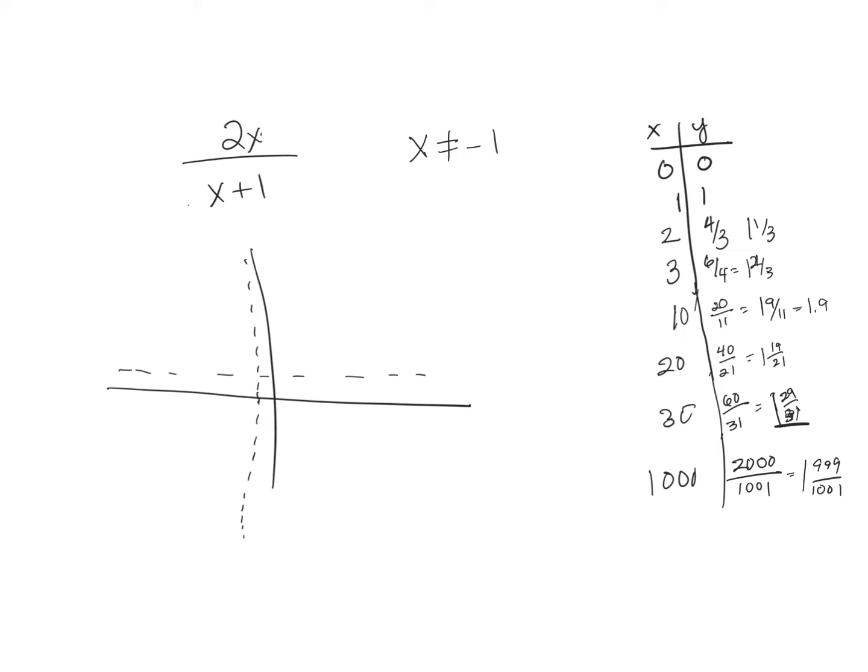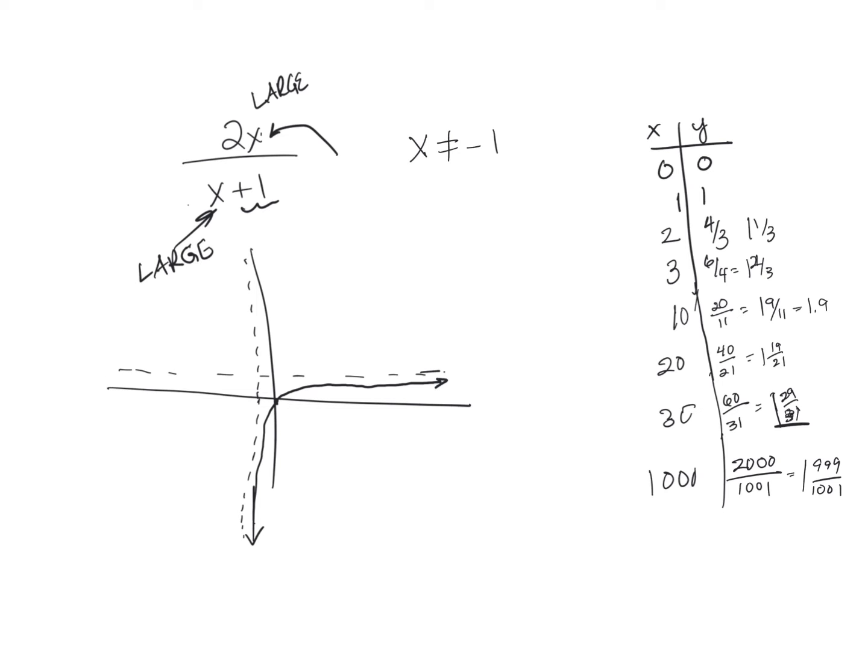So what this looks like: when x is 0, it's going through, it's coming up this way and getting very, very close and approaching 2. Now you notice as x gets really big, this +1 really doesn't make a big difference.